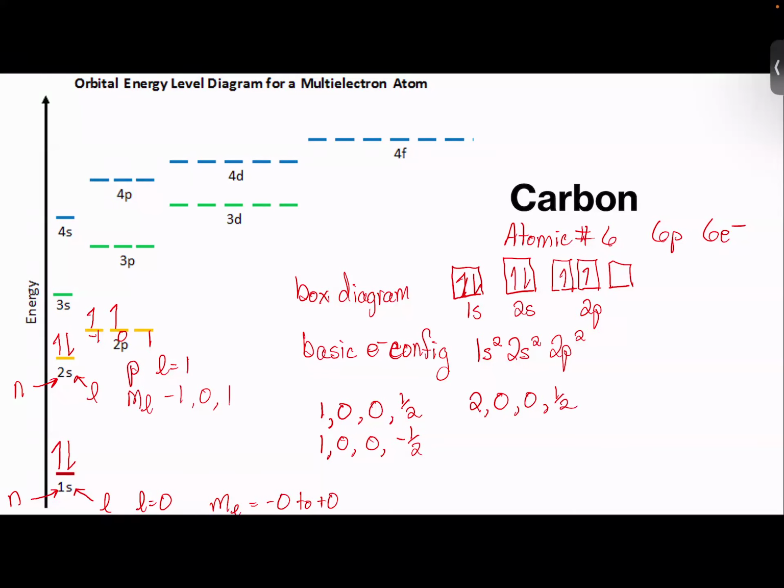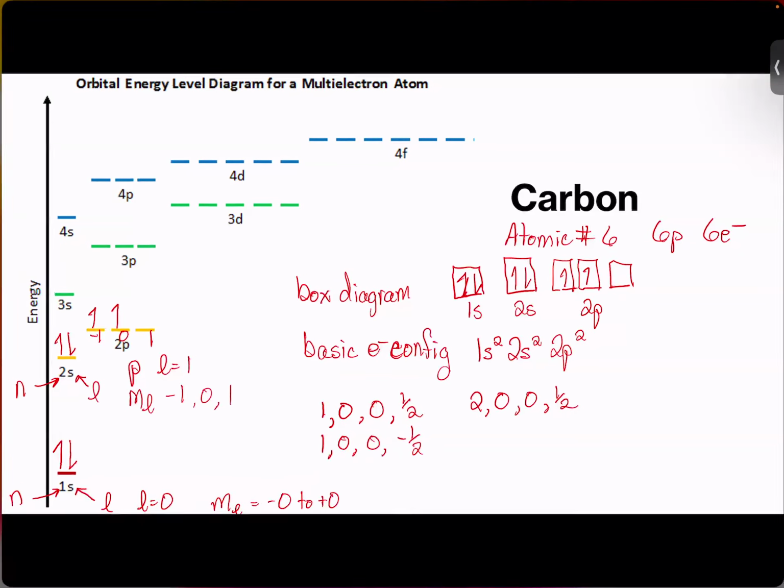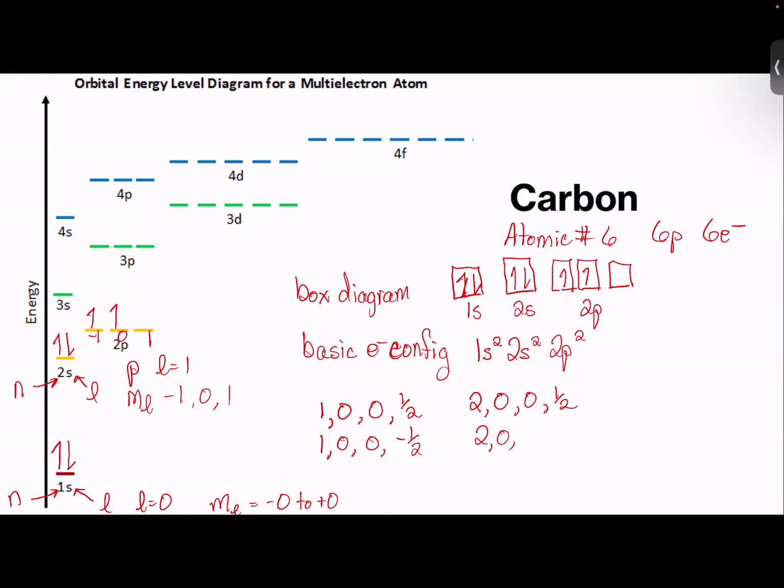So the third electron in carbon is 2, 0, 0, 1/2. The fourth electron is in the same shell, same subshell, same orbital, so the first three quantum numbers are all the same. The difference is the fourth electron went in spin down, so it's a -1/2.